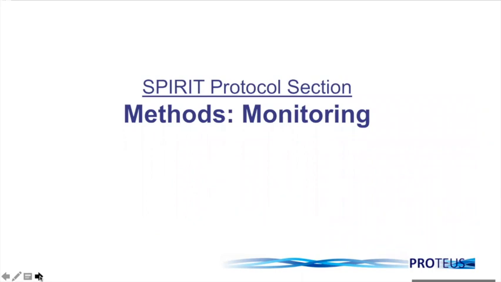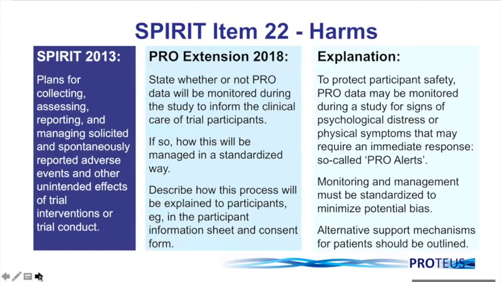So now we come to another SPIRIT section, which is still in the methods, but this is monitoring. And the SPIRIT 2013 item talks about needing to plan and to specify your plans for collecting, assessing, reporting and managing adverse events and other unintended effects of trial interventions or trial conduct.